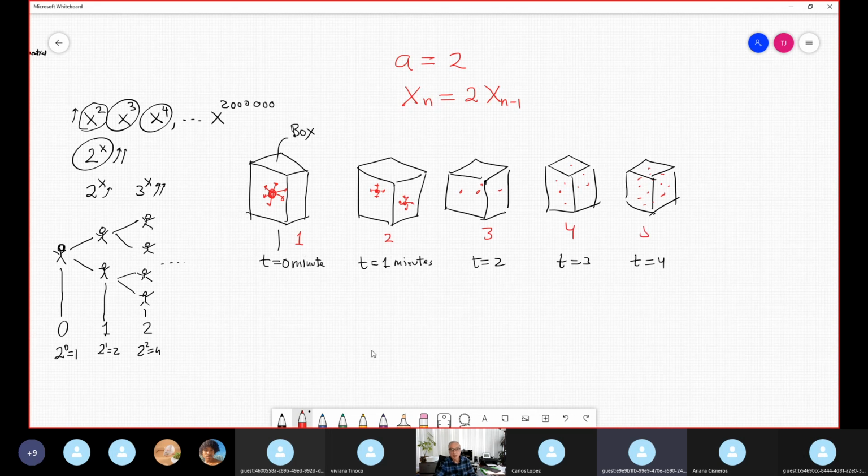So the number of viruses at stage number 5 is equal to 2 times the value at stage number 4. At number 4 we have 8, here 8, this is 16. Duplicate this, this is 4, and so on. This is 2. This is 1. Do you understand the propagation or no?